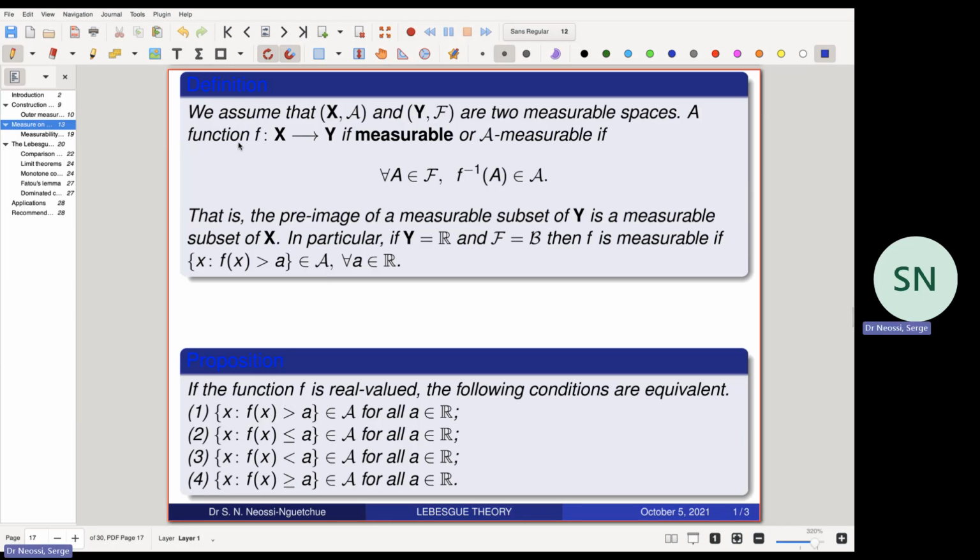And we define a function f from capital X to capital Y. Such a function is measurable, or A-measurable, if it satisfies the following property: for any A in calligraphic F, the preimage of A is in calligraphic A.